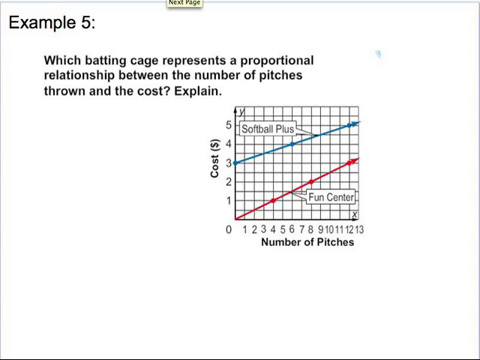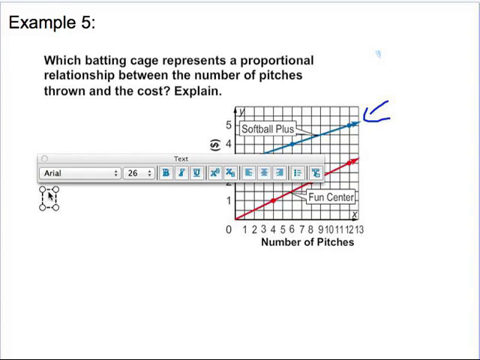All right. So if we take a look at example 5, which batting cage represents a proportional relationship between the number of pitches and cost thrown? If I take a look at these two lines, I've got softball plus in blue, and I've got my fun center in red. I'm looking for which one of these lines goes through the origin. So in this case, the fun center is the line that shows a proportional relationship.